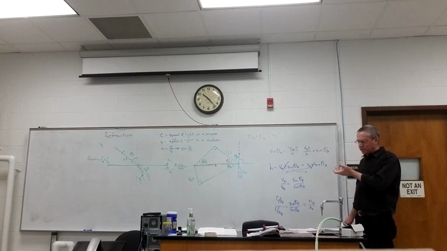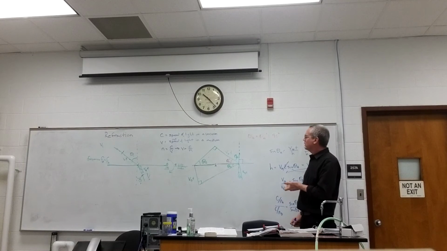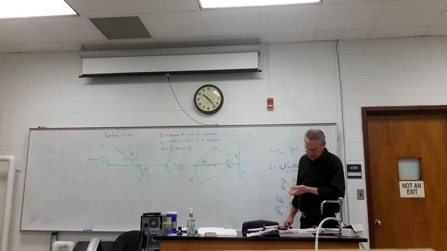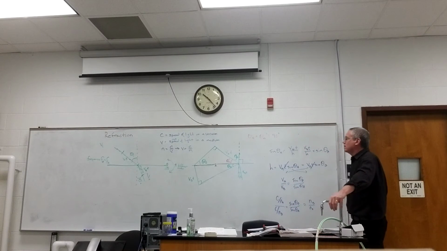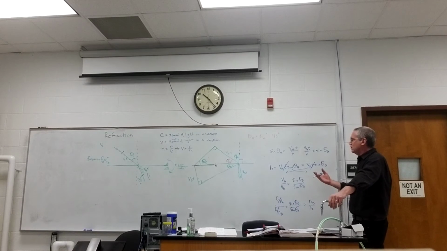And I had something backwards here. What did I mess up? So n is c over v. All right, I'm good with that. Flip it across the diagonal. Good with that.